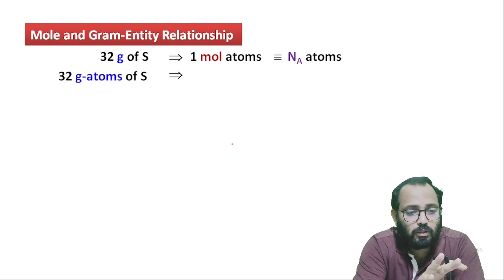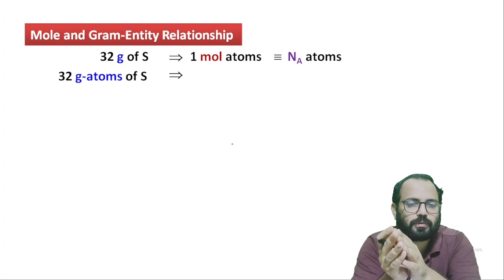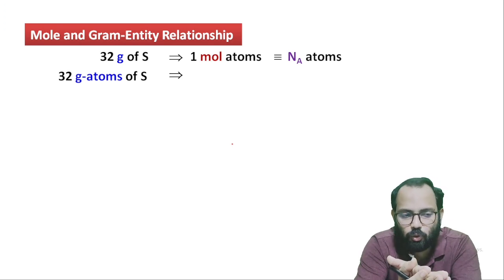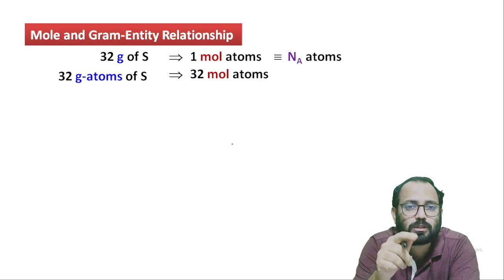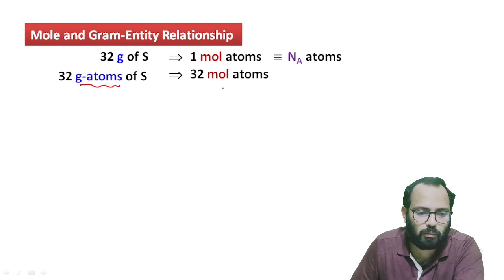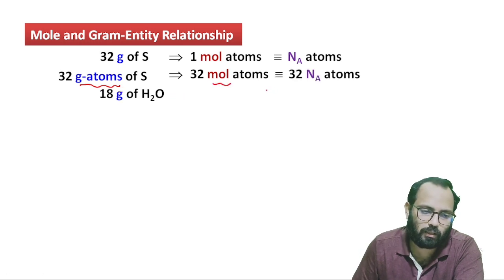If I talk about 32 gram atom of sulfur, look at the difference. 32 gram atom means it is 32 mole atoms of sulfur. So gram atom is nothing but the mole, so that is going to be 32 Na atoms.